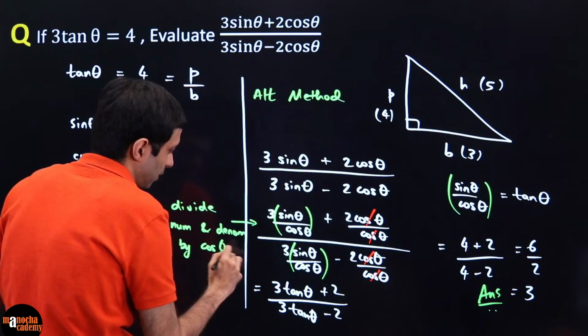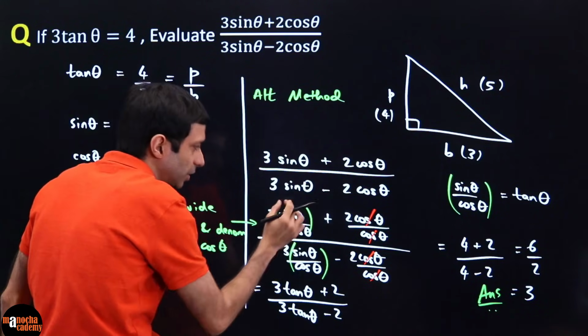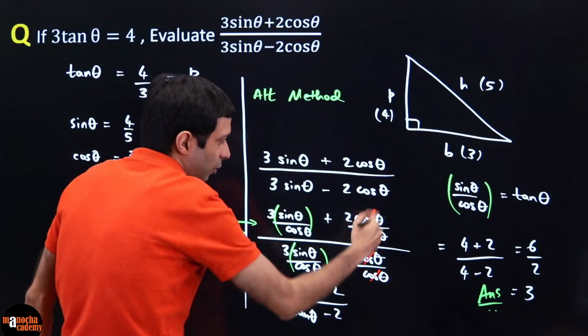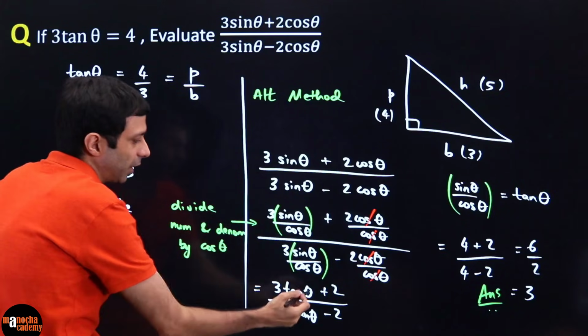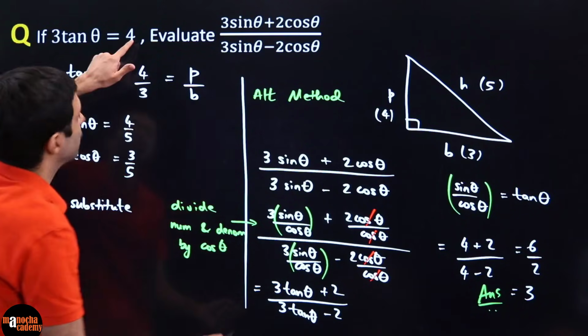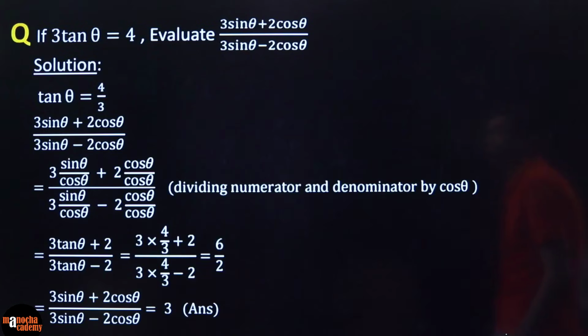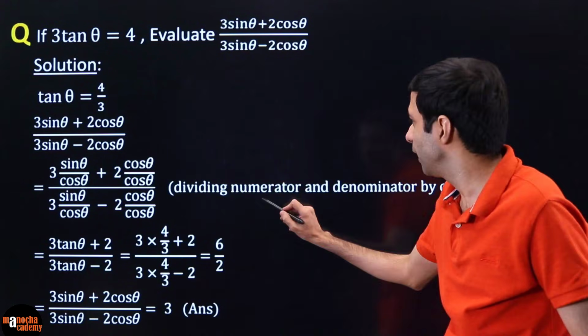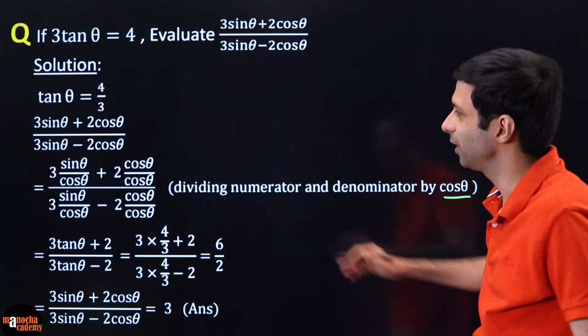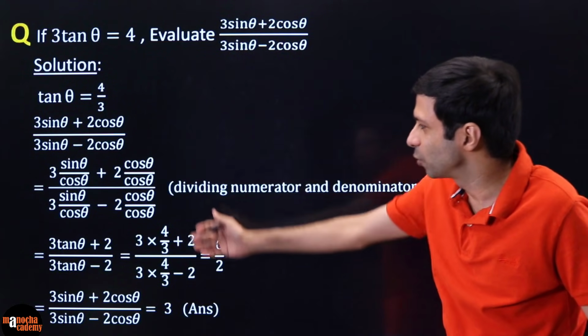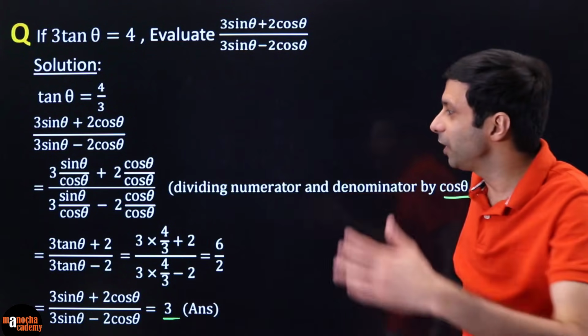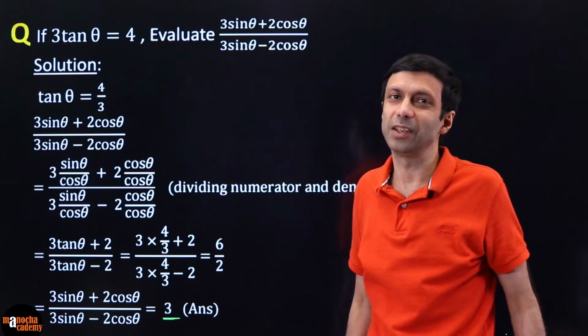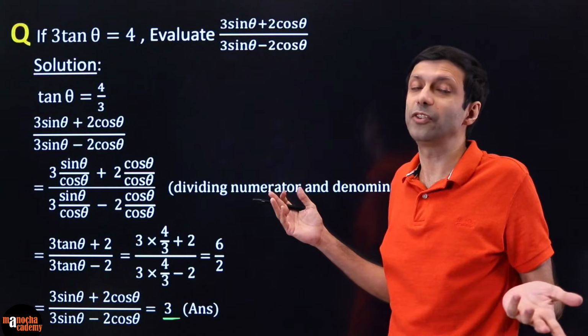That's all. And when you divide numerator and denominator by cos theta, you have to divide each of the terms, right? Cos theta gets cancelled. Here you get 3 tan theta, 3 tan theta is 4. Substitute, done. So there you saw the trick, dividing numerator and denominator by cos theta. The solution became so easy, where we didn't even have to evaluate sine theta and cos theta. Here the question wasn't find all the trigonometric ratios.